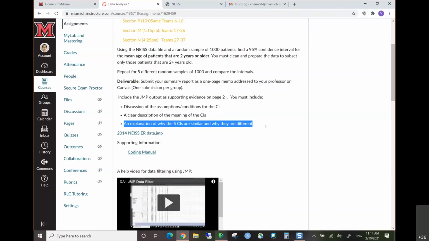Okay, now think about why these 5 confidence intervals are similar. Not exactly the same, but they should be similar. Why? Think about what the goal of the confidence interval is, why we are doing it.